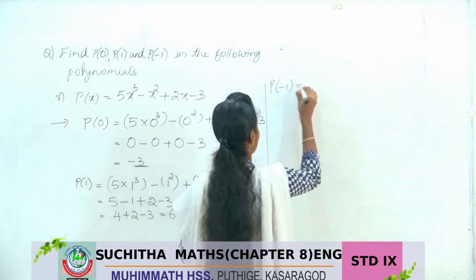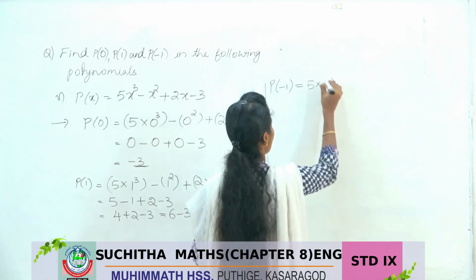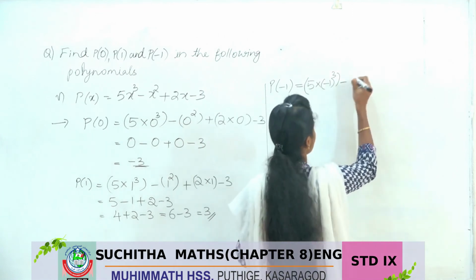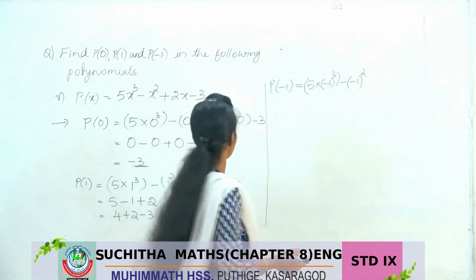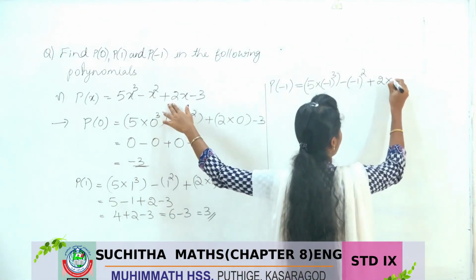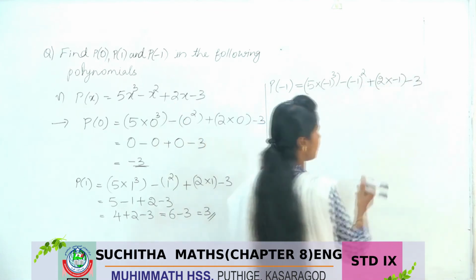P of minus 1 equal to 5 into minus 1 cube minus 1 square plus 2 into minus 1 minus 3.